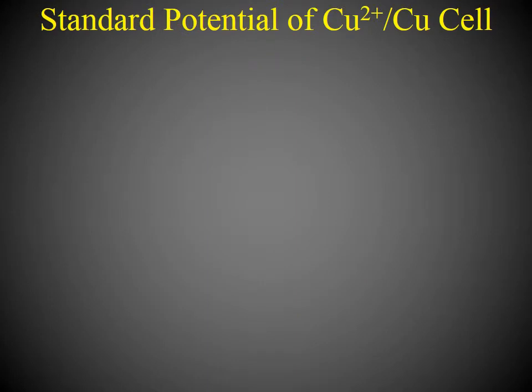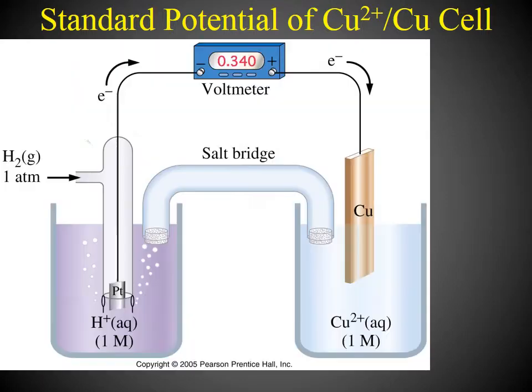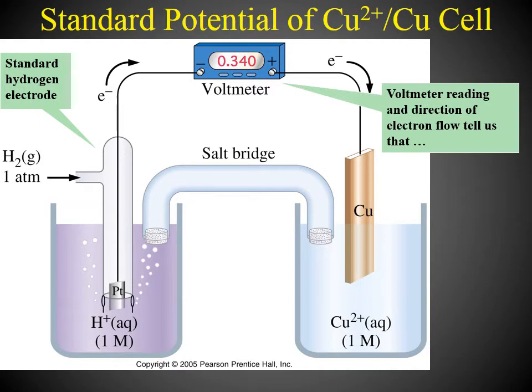Okay, let's see how we are able to determine the voltage value for a variety of cells. So we have hooked up a SHE cell to a copper cell, which is made up of a copper electrode and a solution of copper 2 ions.